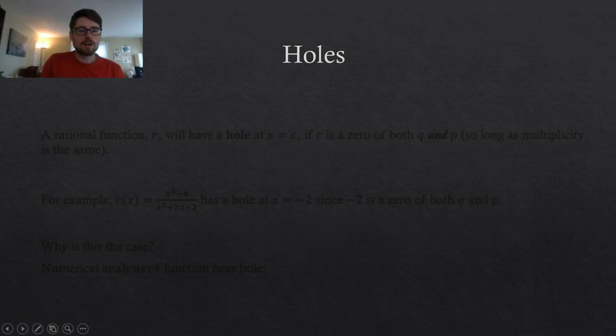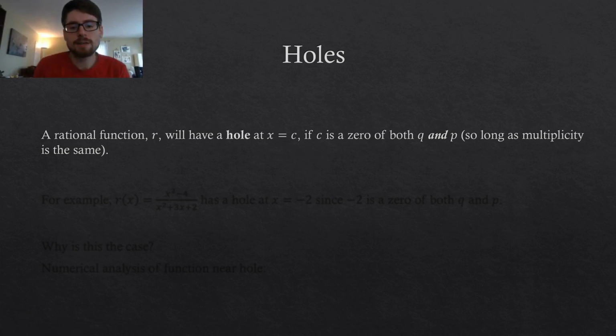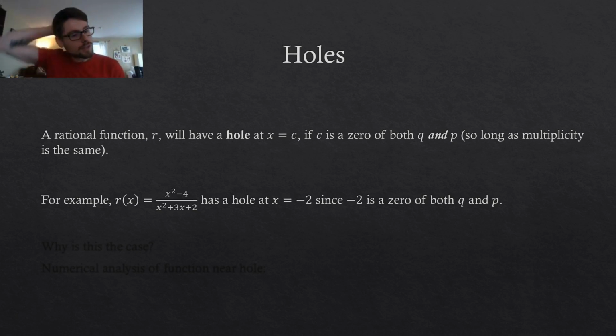So a function will have a hole when x equals c if c is a 0 of both the denominator and the numerator, as long as the multiplicity is the same. So for example, we have a function (x² - 4)/(x² + 3x + 2). This will have a hole when x is negative 2, since negative 2 is a 0 of both of those, right?